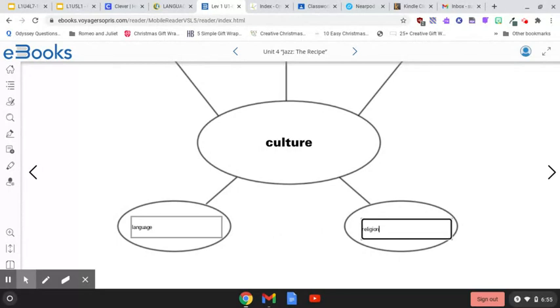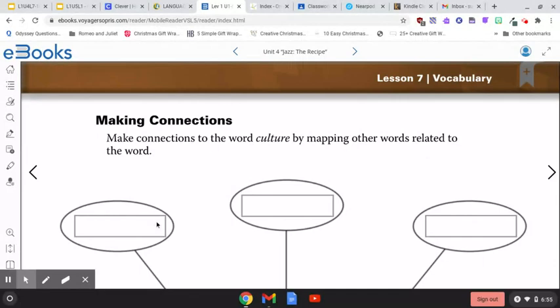Religion is another component of culture. Customs are also another component of culture. What are some different customs practiced in your homes related to holidays or seasons?